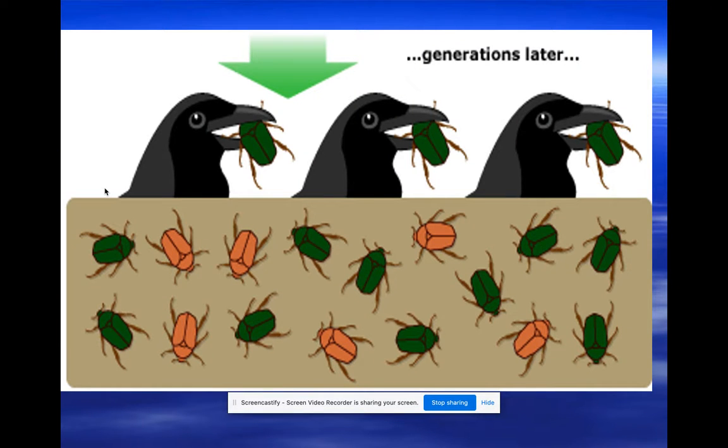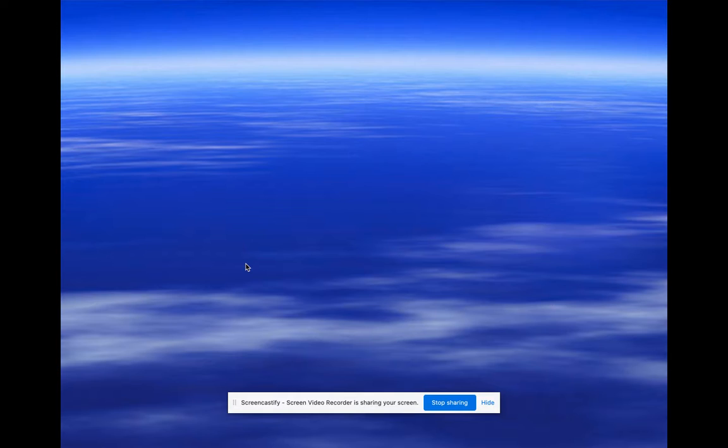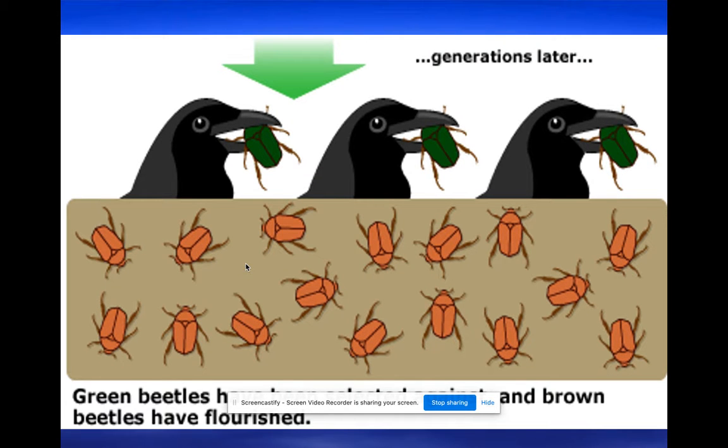Generations later, as you can see, because the birds are only eating the green ones, the green beetles are starting to become less common in the population. The orange ones here are becoming more common. Why? Because they are surviving and reproducing. Look what happens in the next generation. Pretty soon, the entire population is orange. Why?